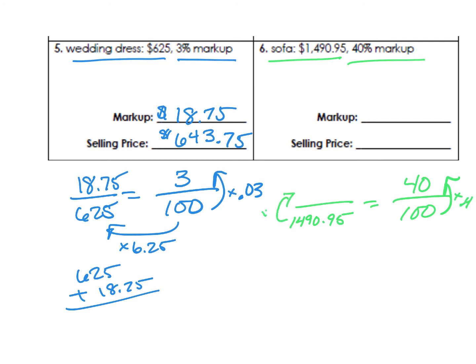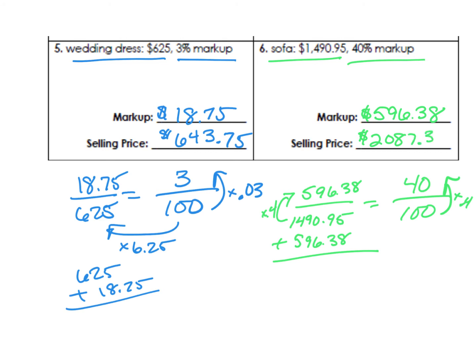Definitely use a calculator with those big numbers, but I get a markup of $596.38. $596.38 is the markup. So I'm going to add that on to my original price, and the selling price is $2,087.33.